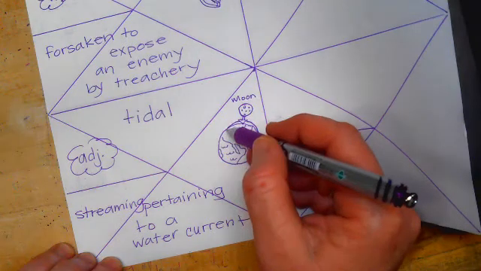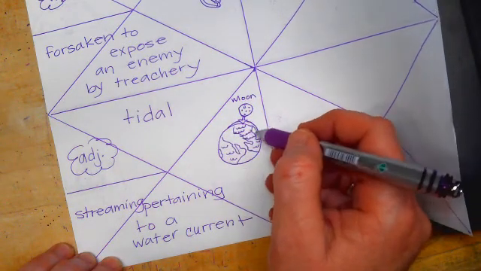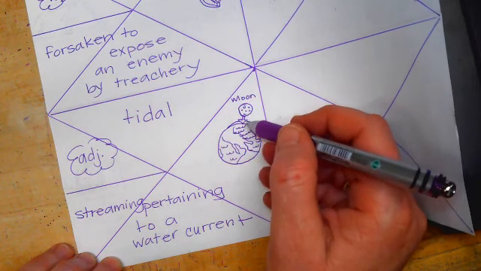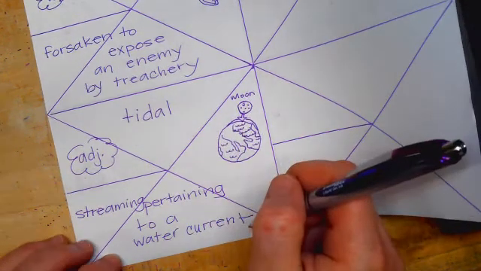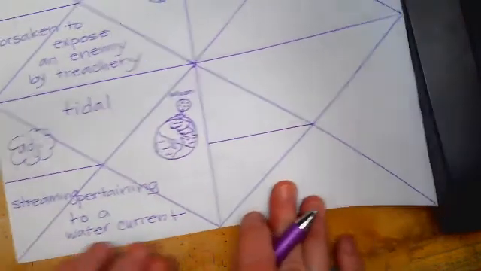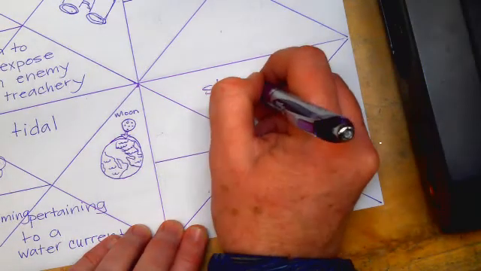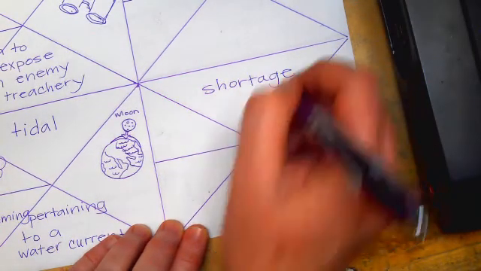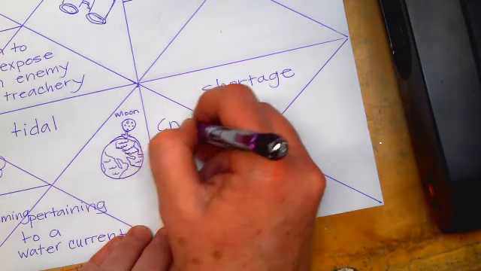Right, so wherever the moon is in relationship to planet Earth, it causes an actual bulge. The gravity between the Earth and the moon causes an actual bulge, and that causes an increase in tides or a change in tides.